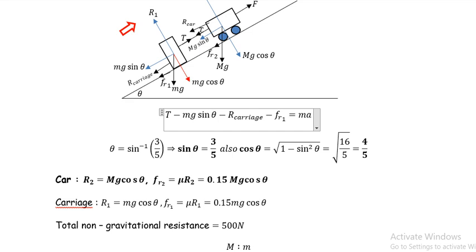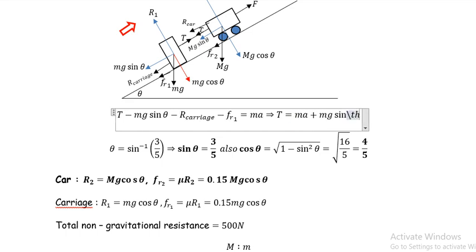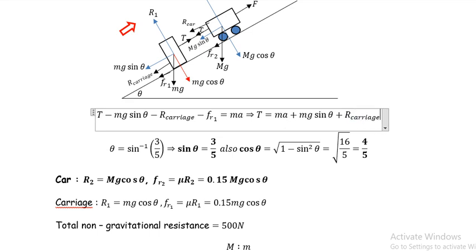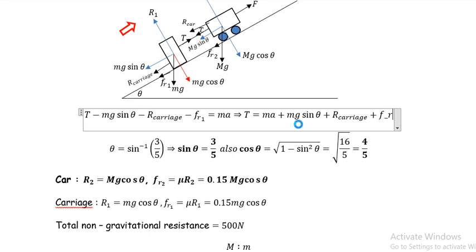So from here we are going to get directly the tension, which is going to give me MA plus mg sin theta plus R carriage, then plus Fr1. Do we know M? Do we know A? Yes, we do.